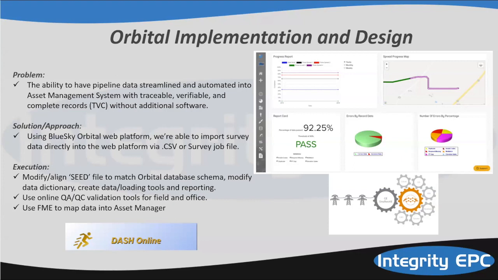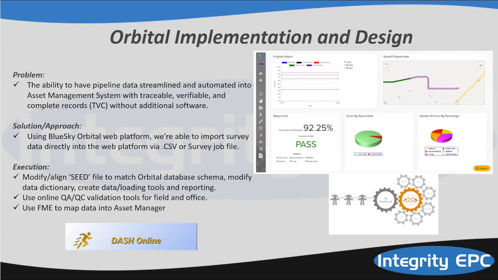So what's our solution? We're using a Blue Sky product called Orbital. It's a web platform with a lot of different modules. Today we're talking about the survey module. You have the project side and the system side, and the system side also includes asset management. But today we're just going to talk about the survey module, whose main objective is being able to load data directly into the web platform.